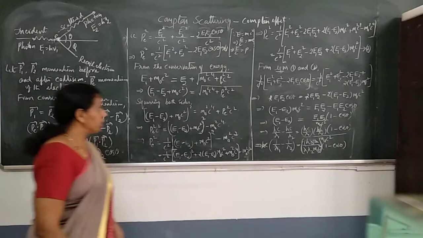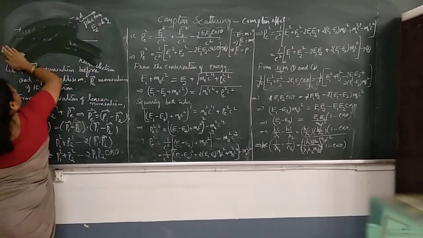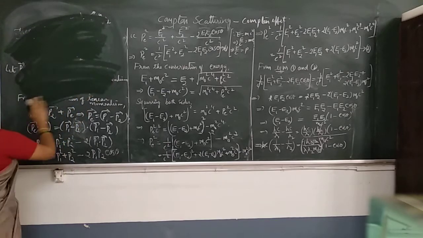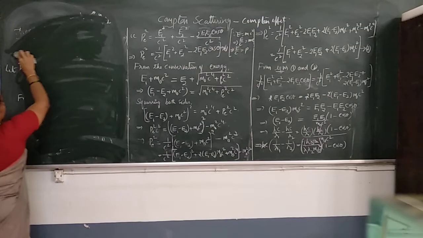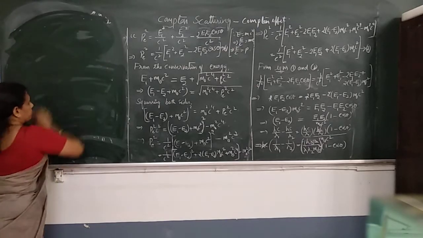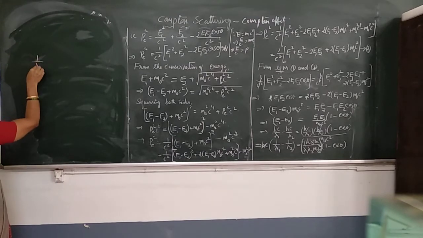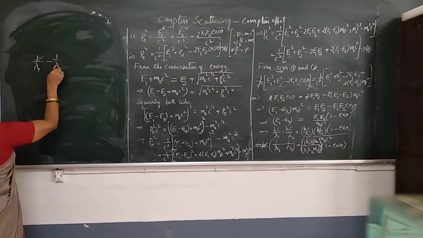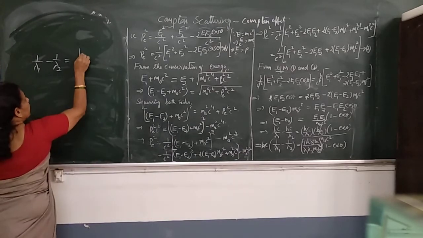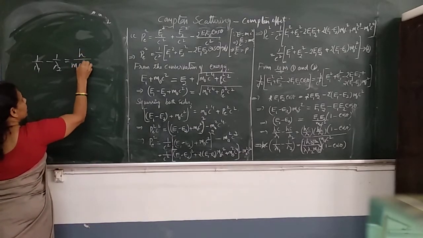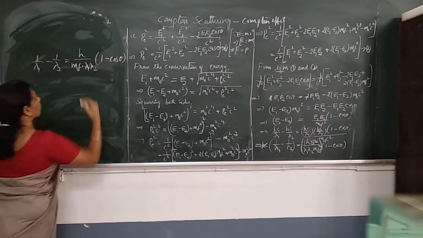Or further simplification is: left hand side is 1 by lambda 1 minus 1 by lambda 2 is equal to, in the right hand side we have h by m naught c lambda 1 lambda 2 into 1 minus cos theta.